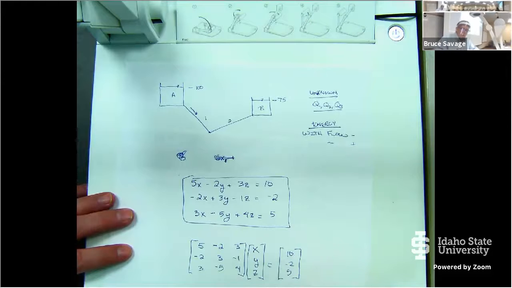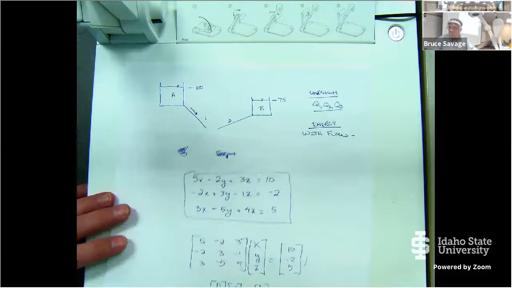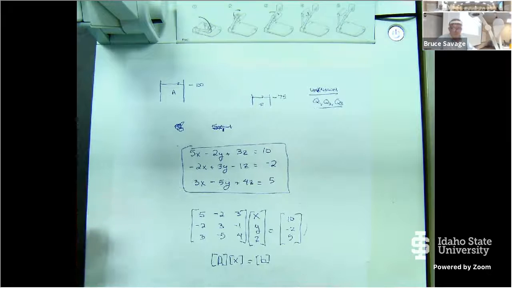It is of the form coefficient matrix times solution vector equals the b vector. That's the linear algebra I'd use to solve this problem. So it's fairly straightforward.